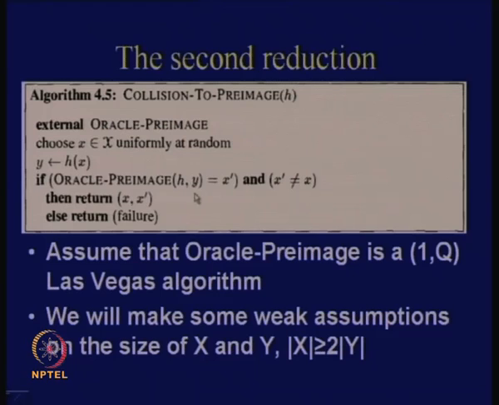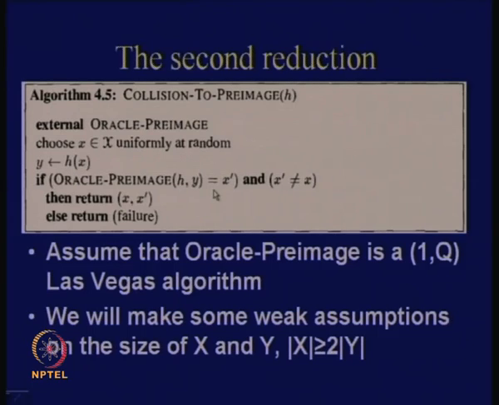Okay, so you choose x uniformly at random, and then you compute the hash value h(x), and then engage the algorithm for computing the preimage. This is an oracle to which you are asking a question, and it gives you back an x dash.